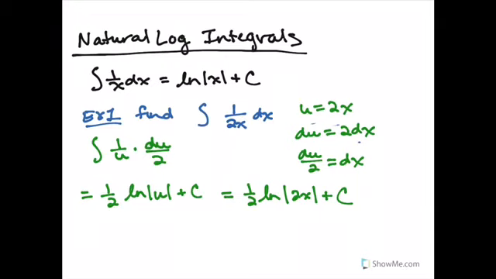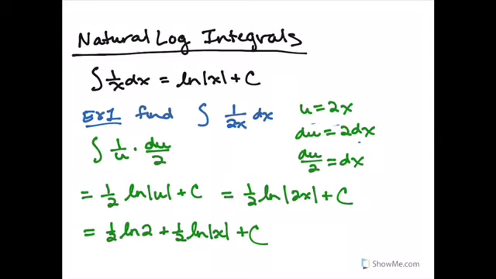But if I expand my log here, I can say that 1/2 natural log of 2x is the same thing as 1/2 natural log of 2 plus 1/2 natural log of x.